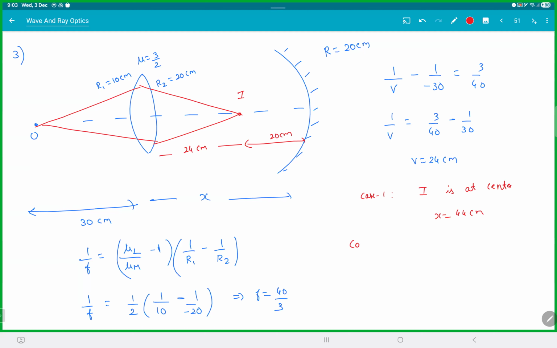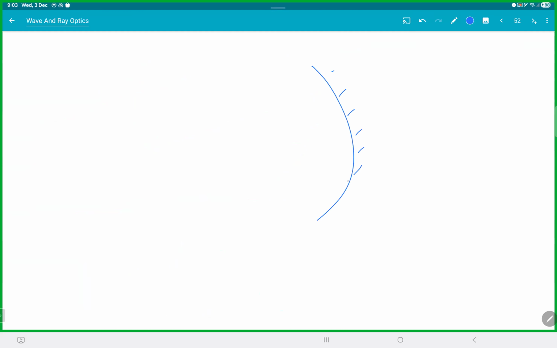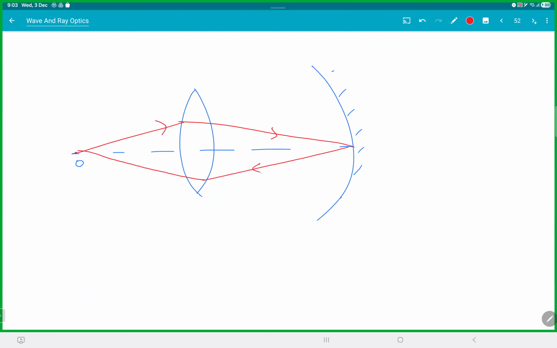There's a case 2 where the image is at the pole. If the light rays go and hit the pole directly, even then the light rays will retrace, isn't it? They will not exactly retrace, they'll do something weird. The light ray which goes from the top hits this and comes from the bottom and reaches here, because this angle and this angle are equal.